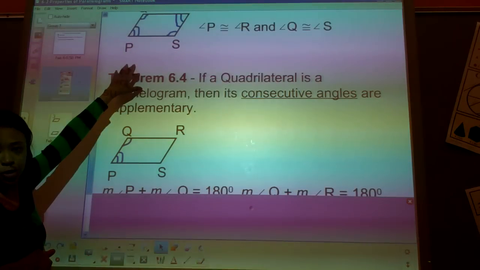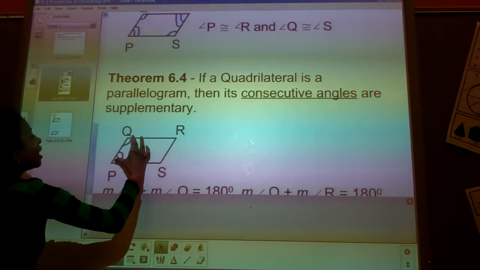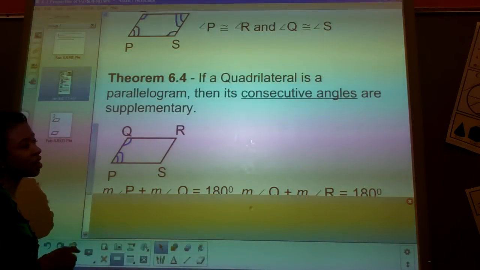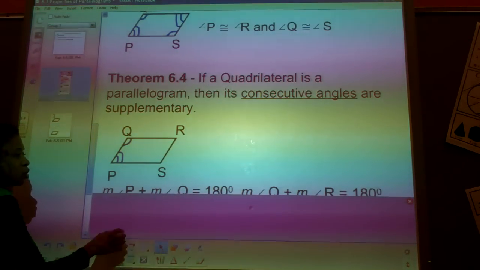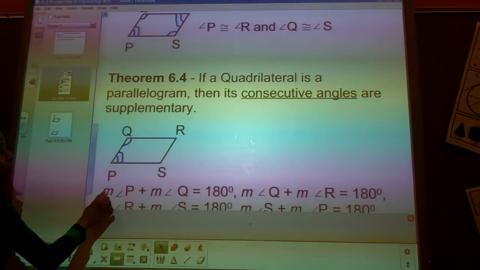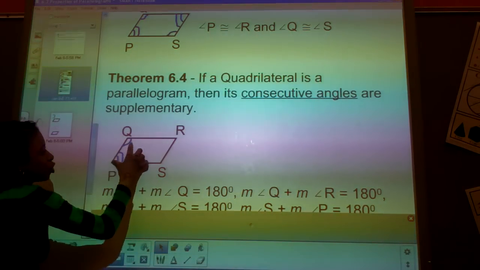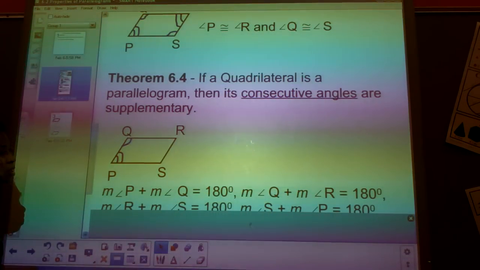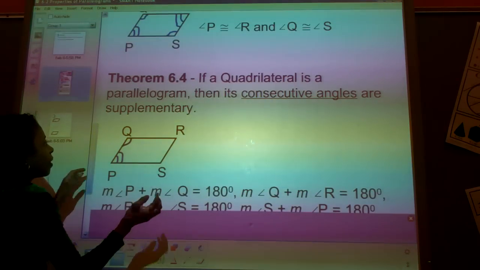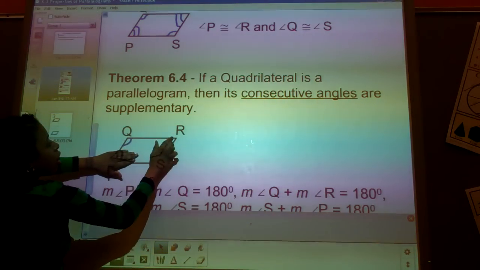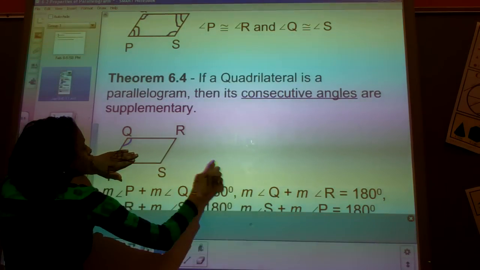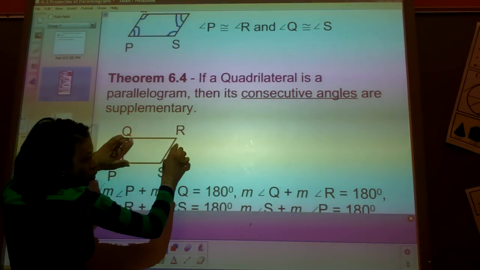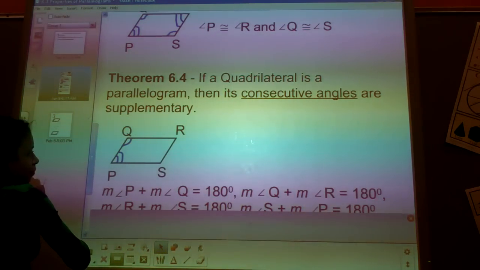But this particular theorem 6.4 says that consecutive, remember consecutive means next to, so the measure of angle P plus the measure of angle Q is equal to 180 degrees. That also means that Q and R are consecutive, and the measure of angle Q plus the measure of angle R is equal to 180 degrees.